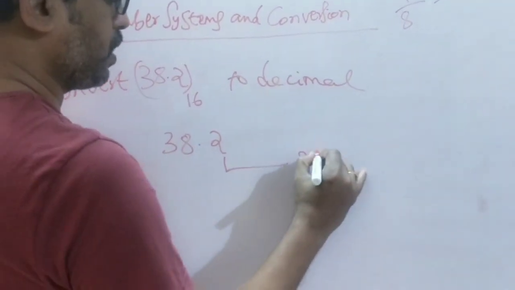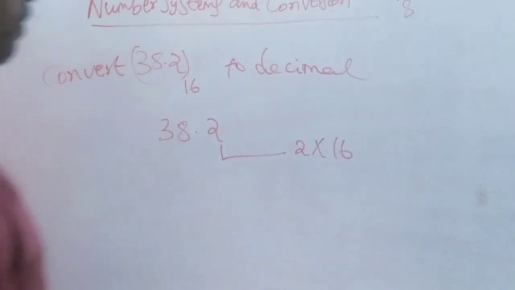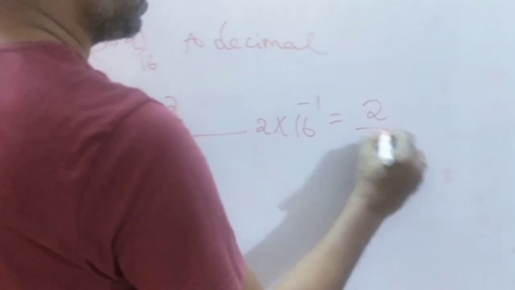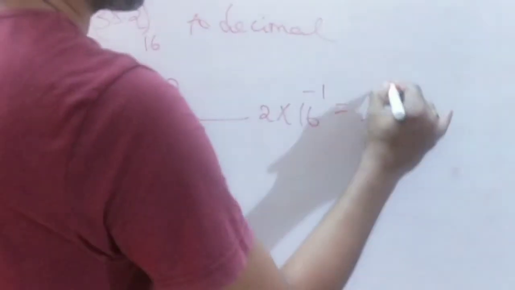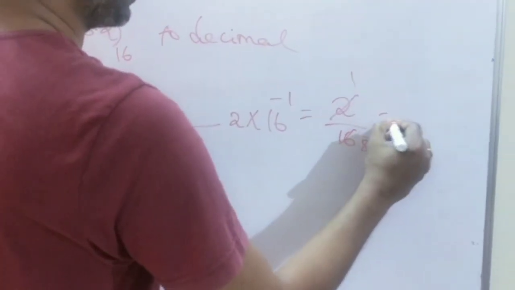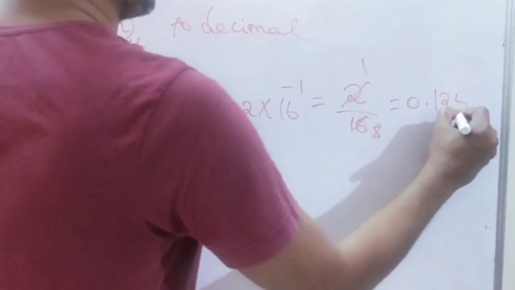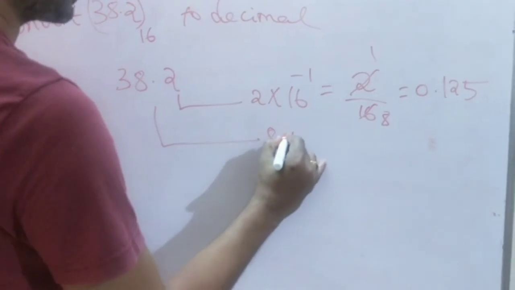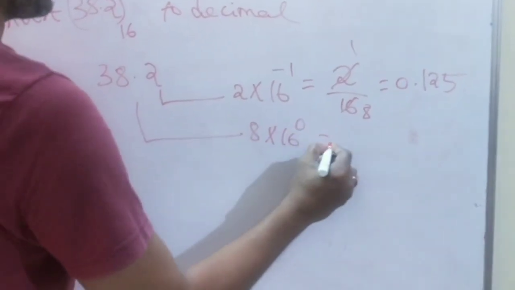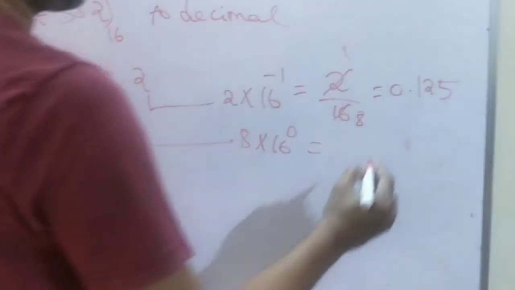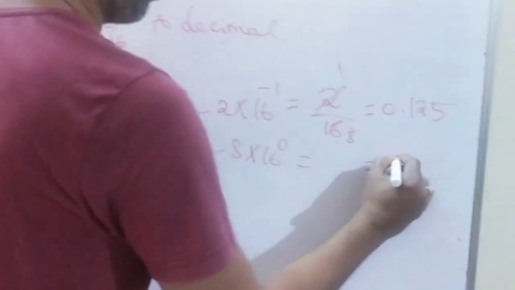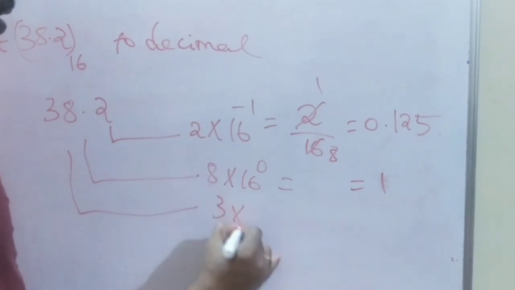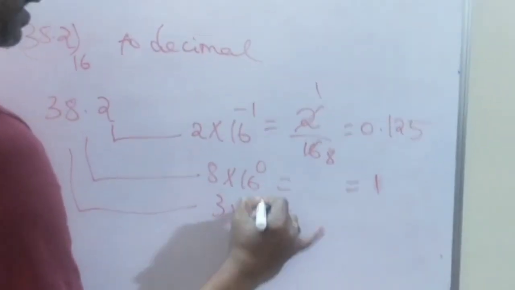So 2 into 16 power -1, which is nothing but 2 by 16. 2 by 16 means 1 by 8, which is equal to 0.125. Then 8 into 16 power 0. Any number to the power 0 is equal to 1. Then 3 into 16 power 1, which is nothing but 3 into 16.